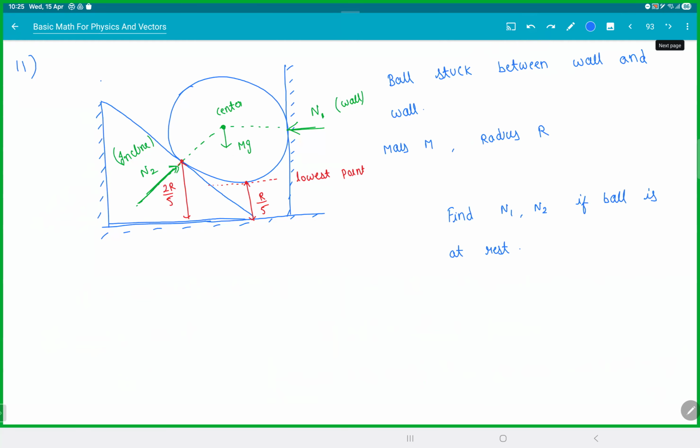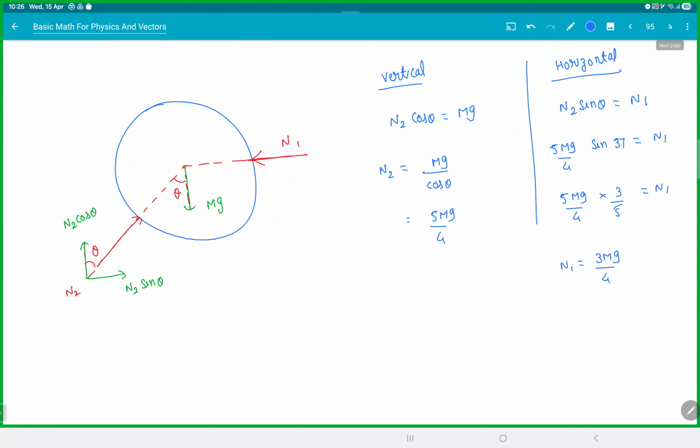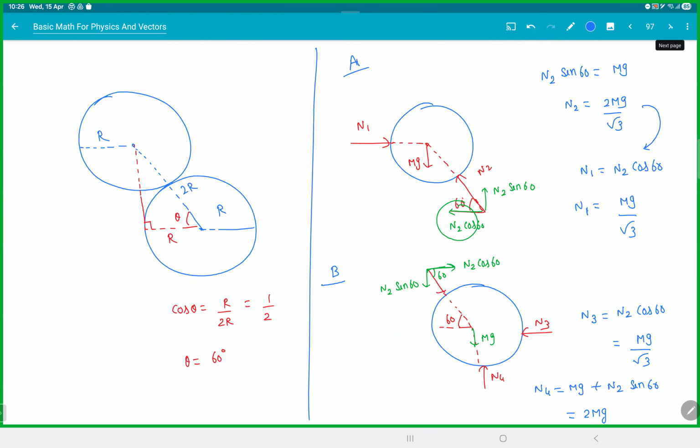That should have triggered the question: without angles, how will I get N2's horizontal and N2's vertical? Then you will say, okay, that means I need to get the angle. Then comes geometry. How to get an angle, that you have to figure out. Once you get the angles, then the job is simple. Choose your X, choose your Y, horizontal, vertical, equations, solve.